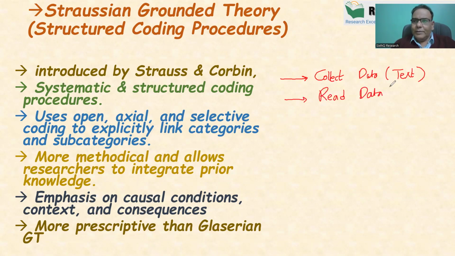Actually, you can imagine in 1967, the software was not available. So all the researchers conducted the grounded theory approach manually. At that time, this was the process. So first collect the data, read the data, then highlight.